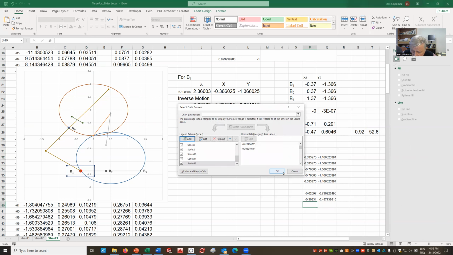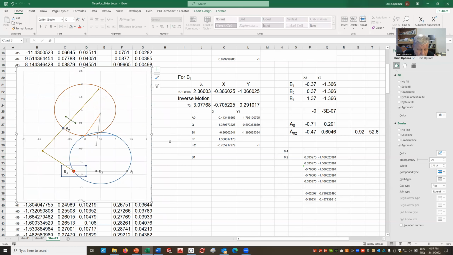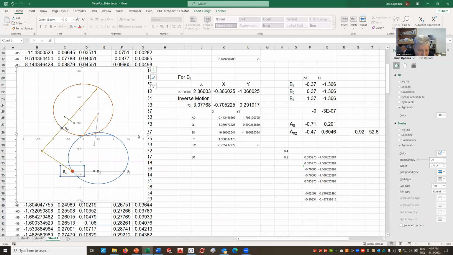That should be perpendicular. Yes, the reason why it's not perpendicular is my scale is wrong. Yes. See, whenever you see these grids in a square, that's correct.